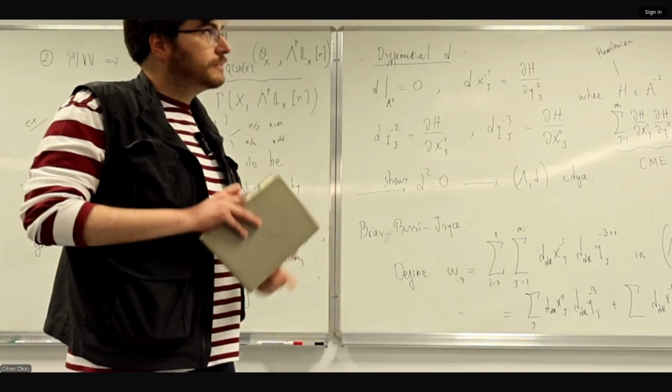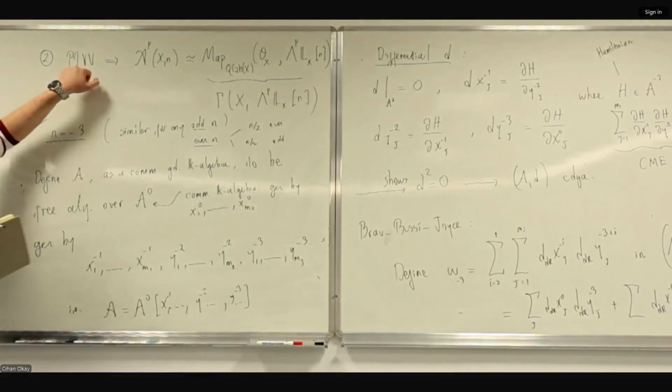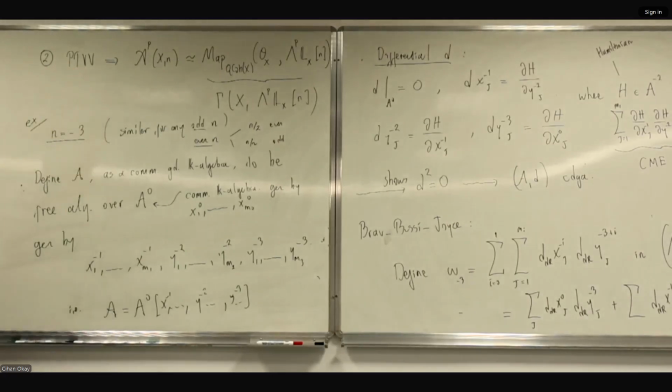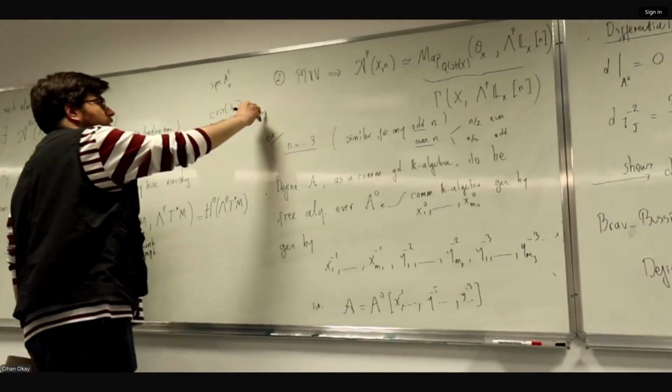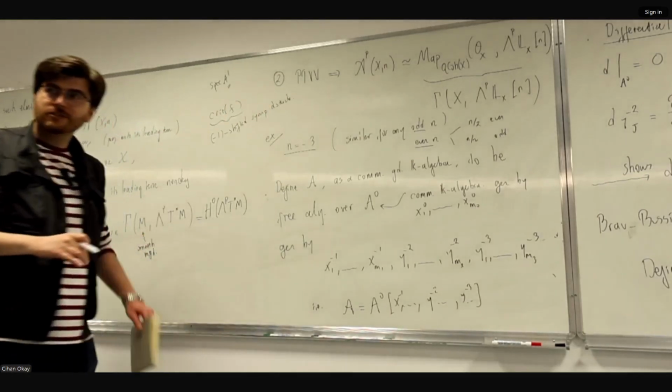There are nice existence results from the PTVV paper, like the Lagrangian intersection theorem, studying the critical locus of a function. If you want to understand the critical locus of a regular function, this turns out to be a -1 shifted symplectic derived stack. This is just a corollary of the Lagrangian intersection theorem.